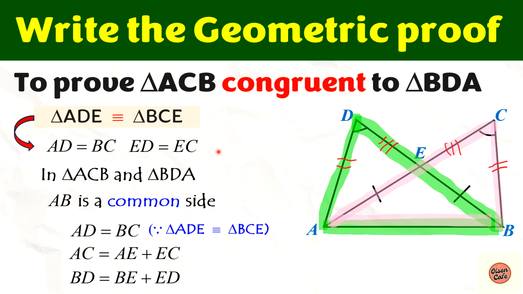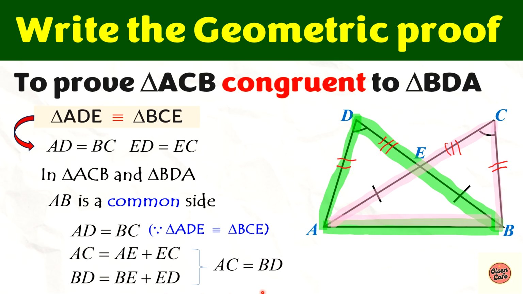Aren't they equal as well, since triangle ADE and triangle BCE are congruent? With this, I am able to combine them to give AC equals BD. So I have AB as a common side, I have AD equals BC, and I have AC equals BD.